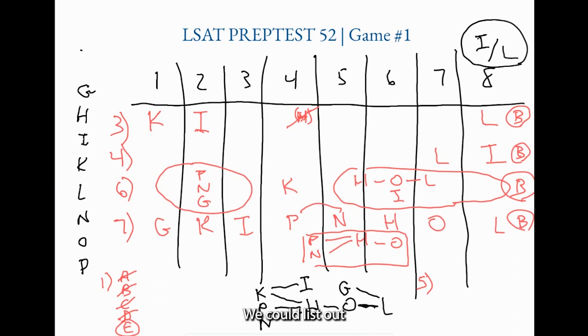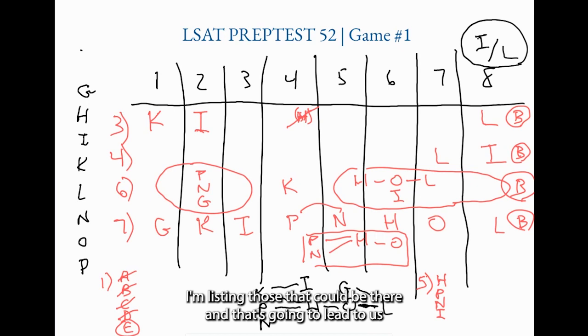We could list out players that we've seen as possibilities for 5th. Definitely includes H in a couple of our diagrams. It includes P, it includes N, and it includes I, if you look at spot number 6. Question number 6, I should say, because I can float around a lot of different places.